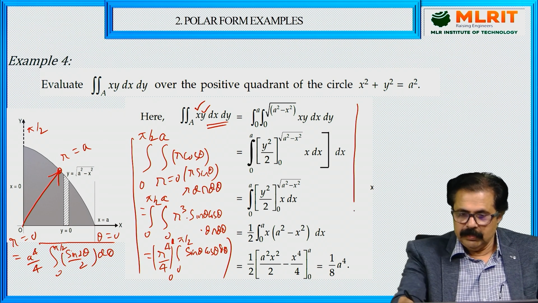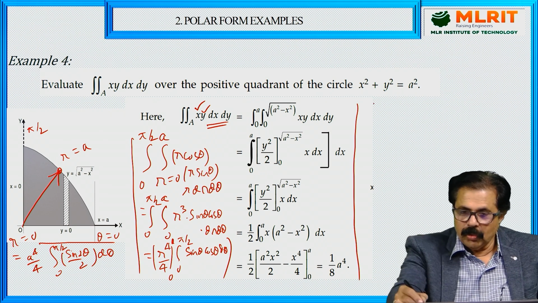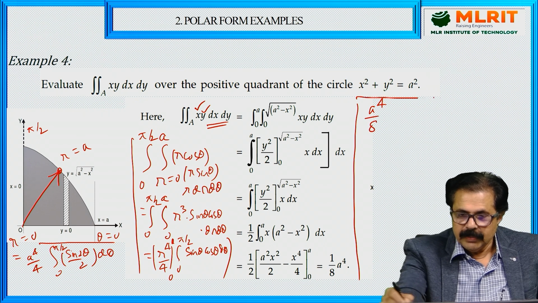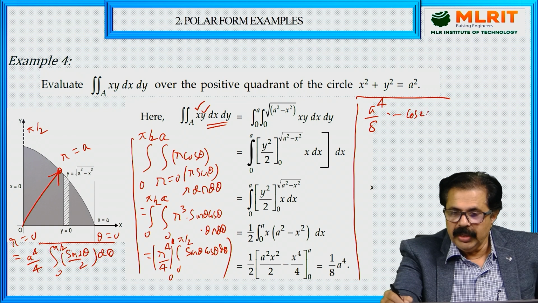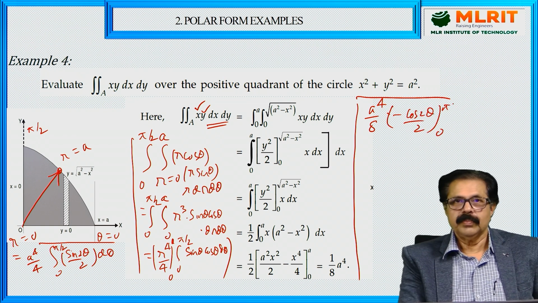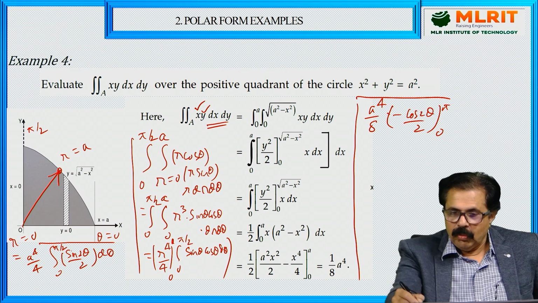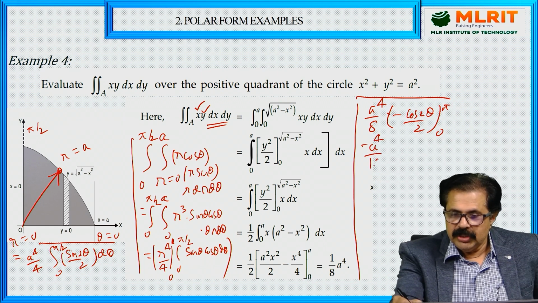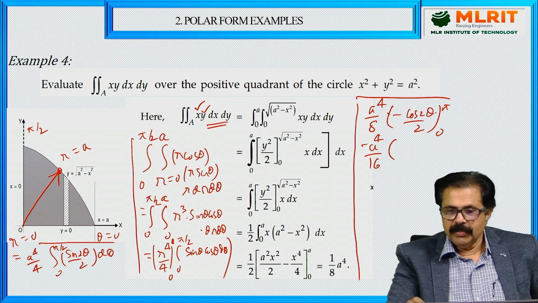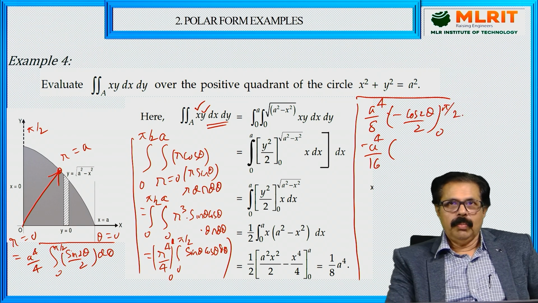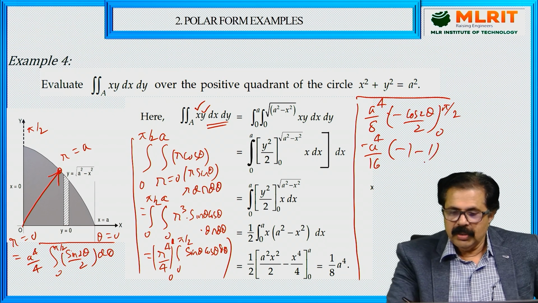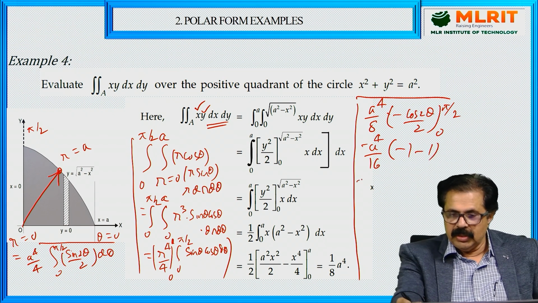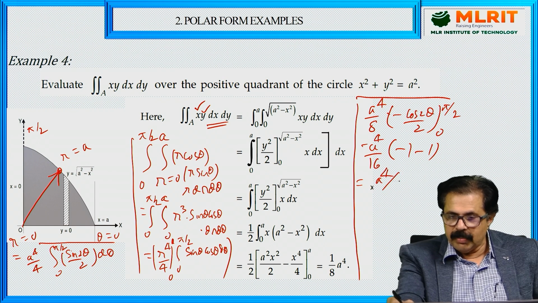Now this gives a raised to 4 divided by 8 times minus cos 2 theta divided by 2, from 0 to pi by 2, that is minus a raised to 4 by 16 times cos 2 into pi by 2, which is cos pi, minus cos 0. Cos pi is minus 1, cos 0 is 1. The 2s cancel, minus minus cancel. Ultimately, you get a raised to 4 divided by 8.